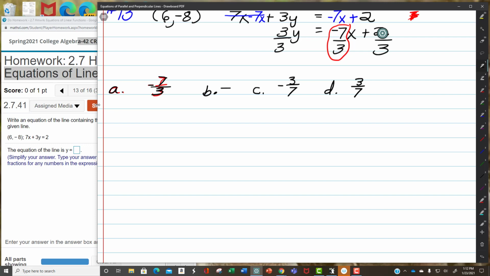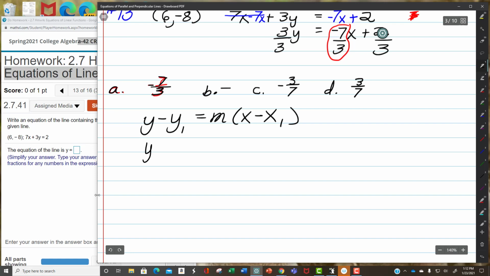Okay, 6, negative 8. Y minus y1 equals m times x minus x1. So y minus negative 8 equals 3/7 times x minus 6.